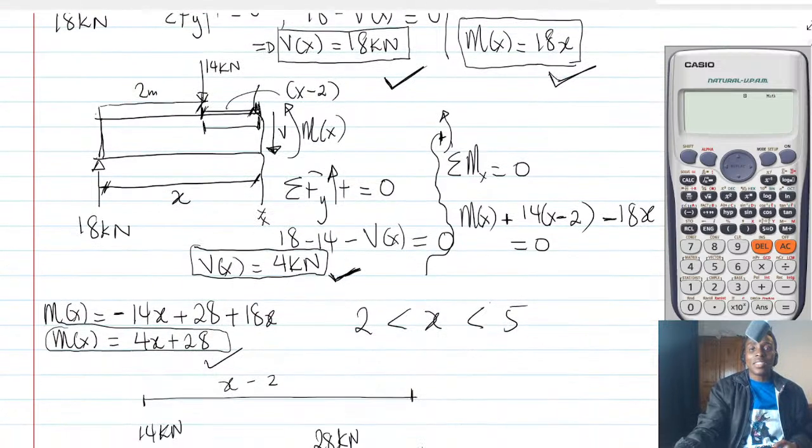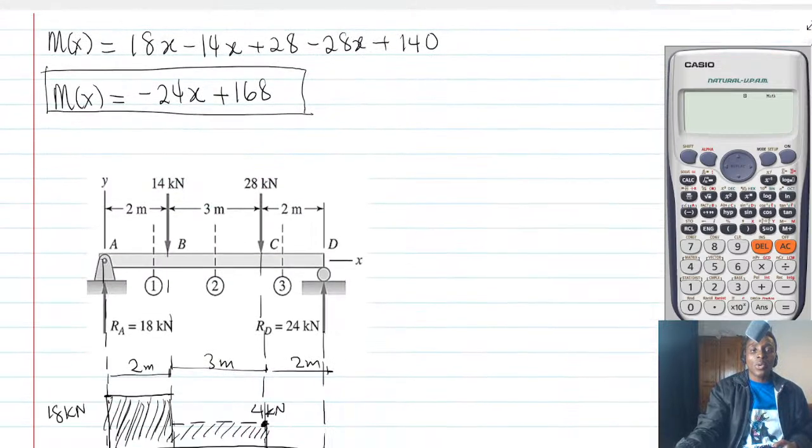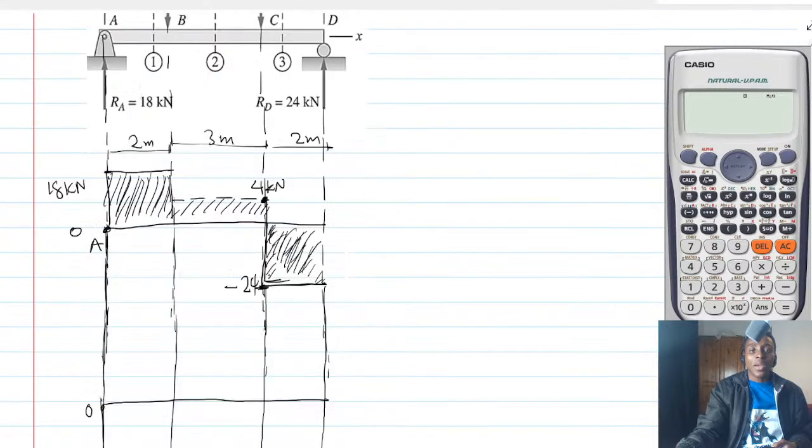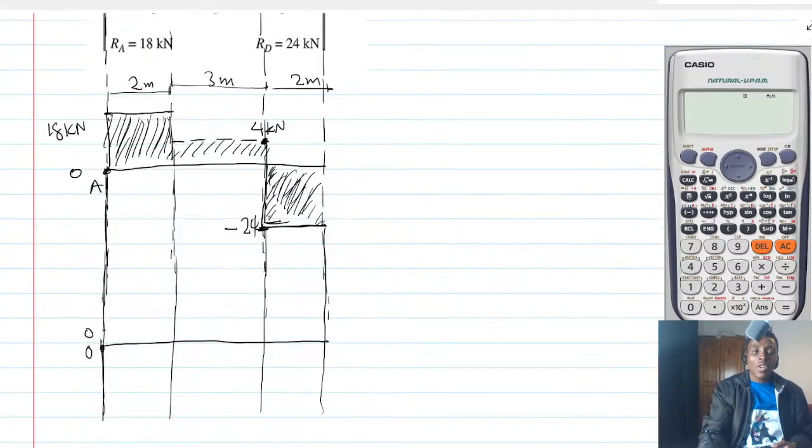It means that at x equals 0, the moment was 0. So the moment was increasing linearly, right? 18x. It means that the maximum we can get will be at x equals 2. And that is, in fact, the same as the area under this graph, which is what? 36. 18 times 2. Alright?